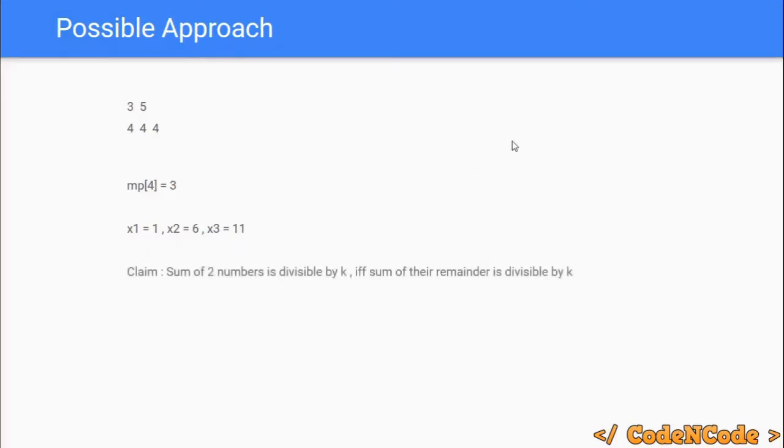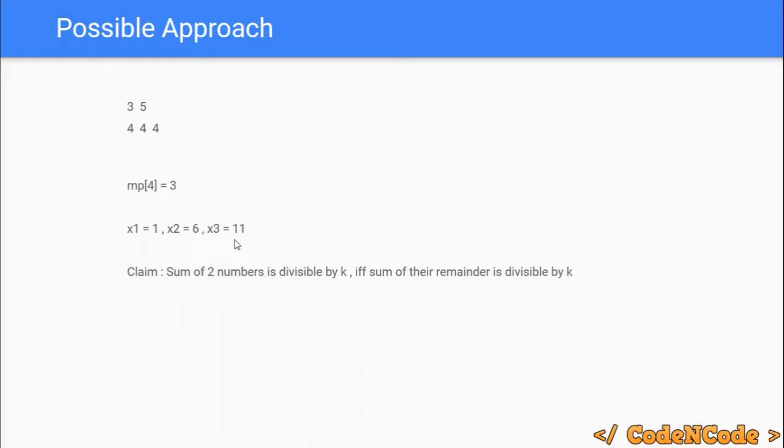Now why I'm talking specifically about these numbers is because of this observation. All of these are in the same group because of modulo, because they are leaving the same remainder. Now just observe these 3 integers, 1, 6 and 11. If you observe this using modular arithmetic, you see 1, 6 and 11 all are leaving the same remainder when divided by 5. 1 modulo 5 is 1, 6 modulo 5 is 1, 11 modulo 5 is 1.